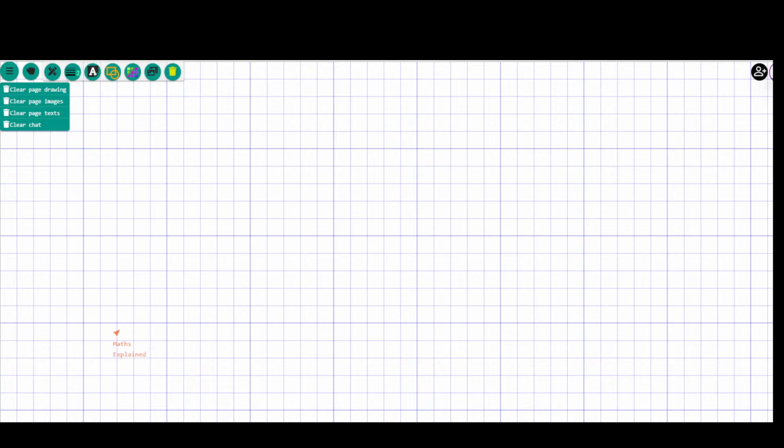Putting it in a certain format is really useful for modeling, because you may have something like cosine plus 4 sine, and that's really hard to actually draw.